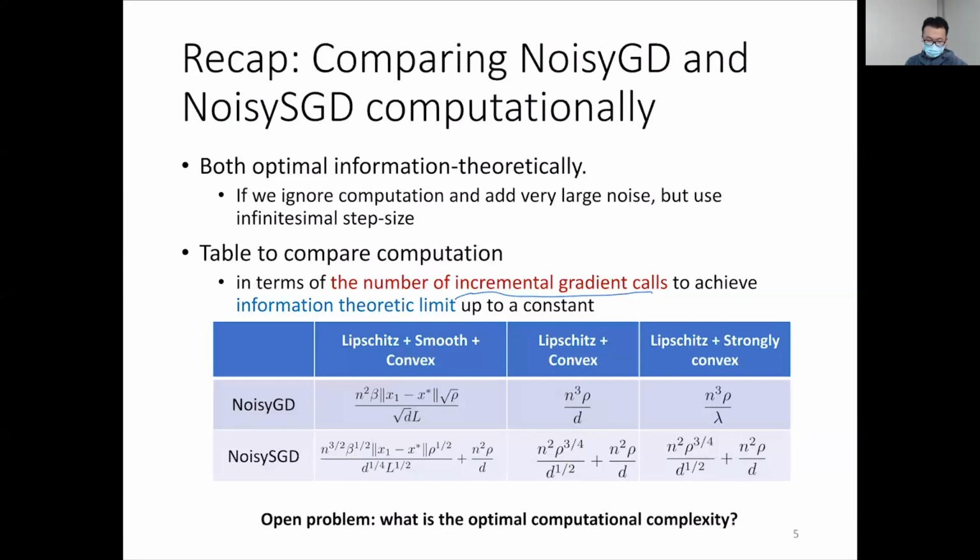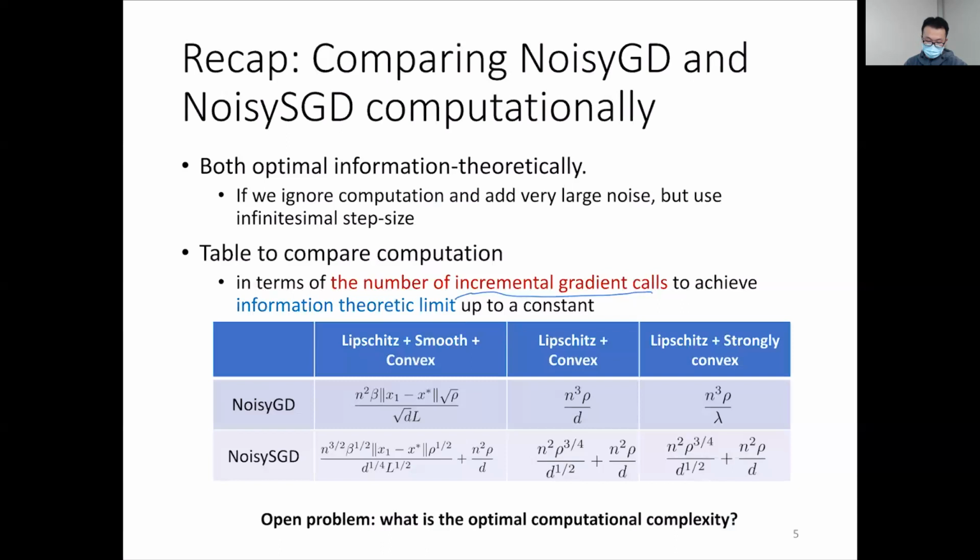A small catch is that noisy stochastic gradient descent requires using the subsampled Gaussian mechanism, whose privacy analysis is slightly inferior compared to that of the Gaussian mechanism.